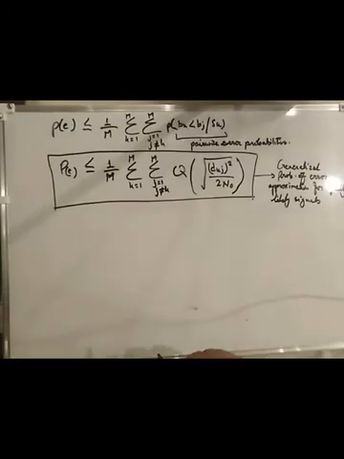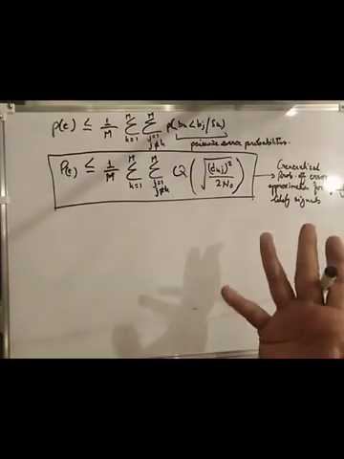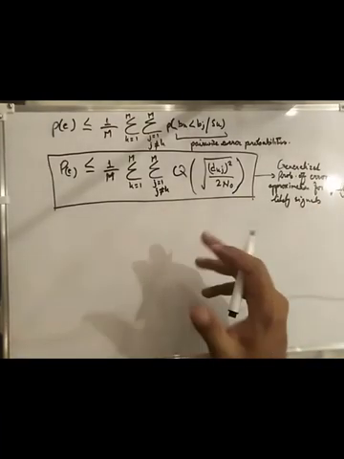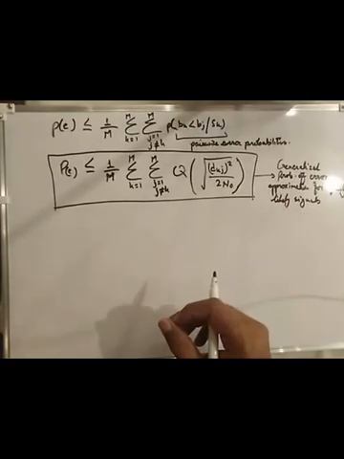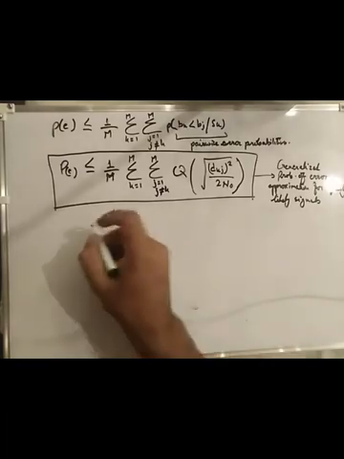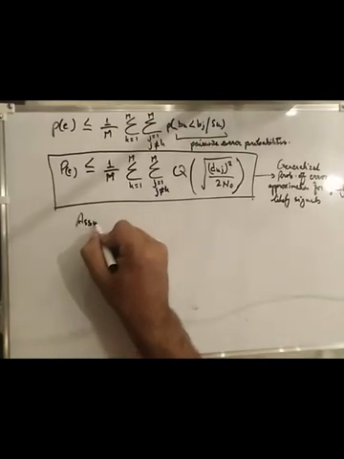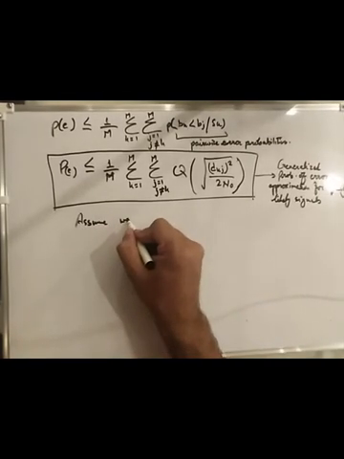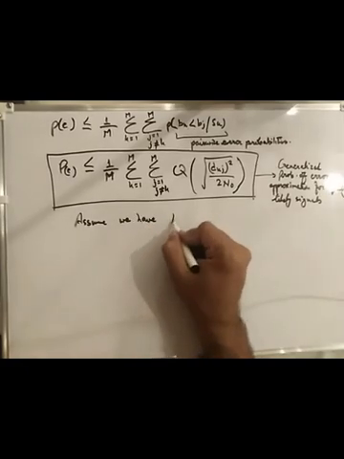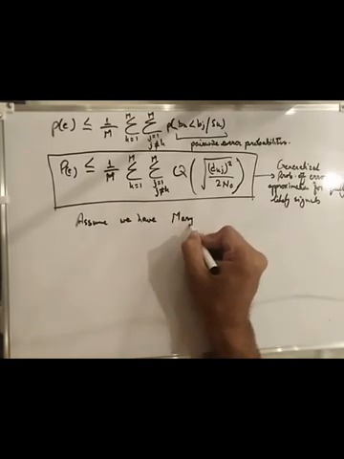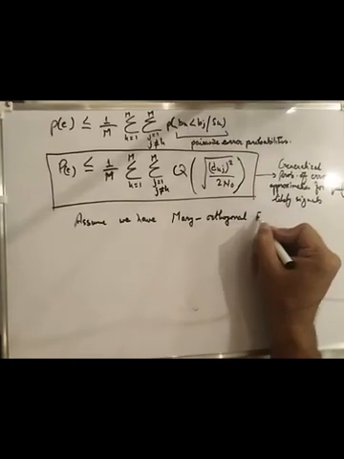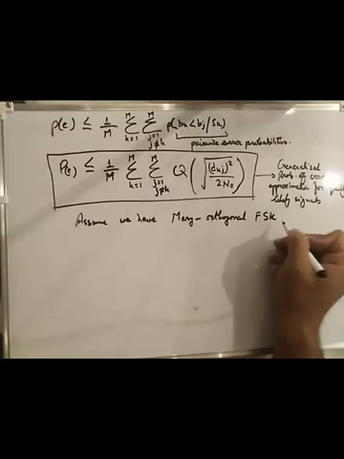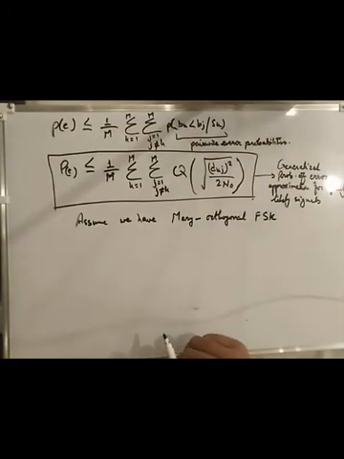Now assume the signals are orthogonal in nature. Let's assume it for frequency shift keying, because we can assume orthogonal signals in frequency shift keying. So assume we have M-ary orthogonal frequency shift keying. That is one modulation signal type, right? Digital modulation or frequency modulation.